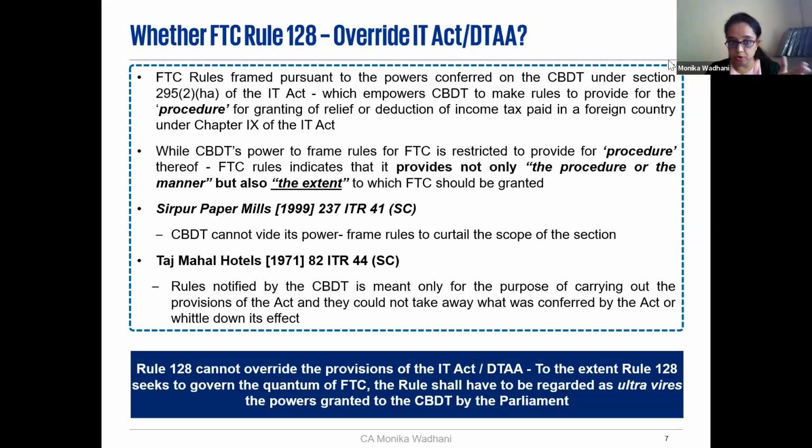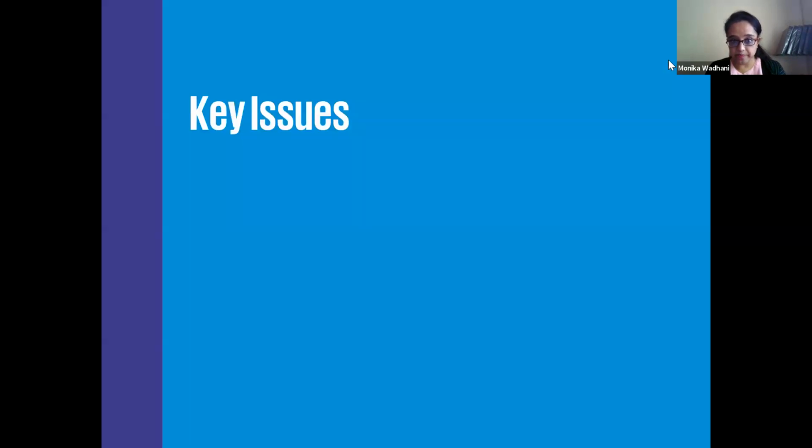We have Supreme Court rulings in the case of Sirpur Paper Mills and Taj Mahal Hotels, wherein the Supreme Court has upheld the principle that CBDT cannot, by its power, frame rules to curtail the scope of the section. And thus, while we will see certain litigation in the coming years, we will have a very good case to argue that Rule 128 cannot override the provisions of the IT Act or DTAA.